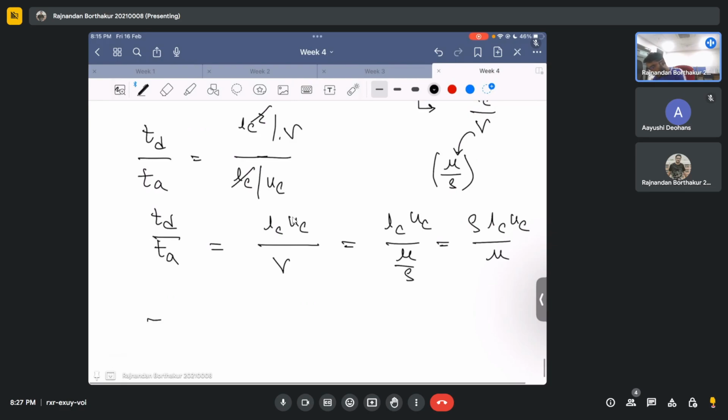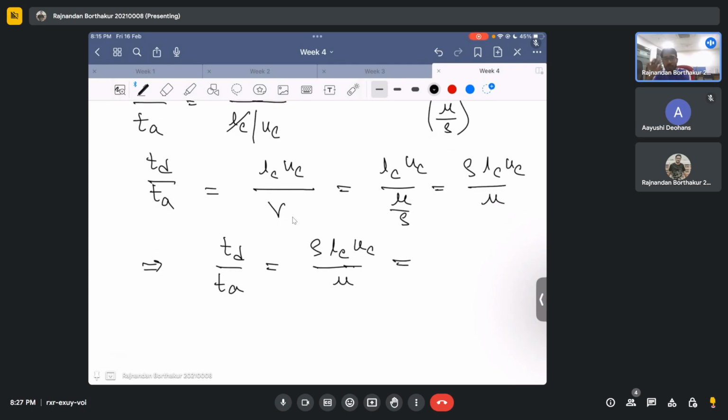Pardon me, I said the statement a bit wrongly. The idea is that the ratio of the diffusion to advection time scale is nothing but the Reynolds number.